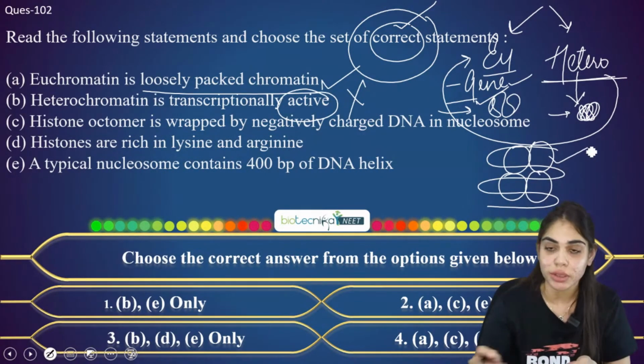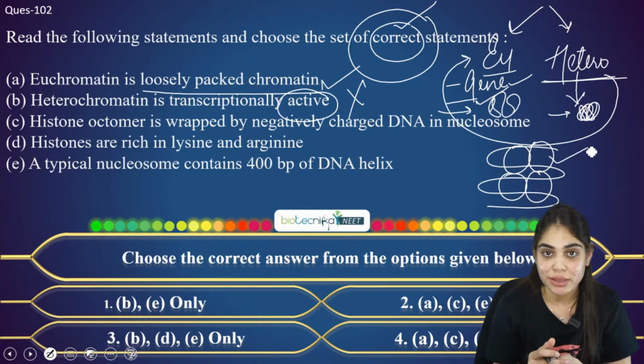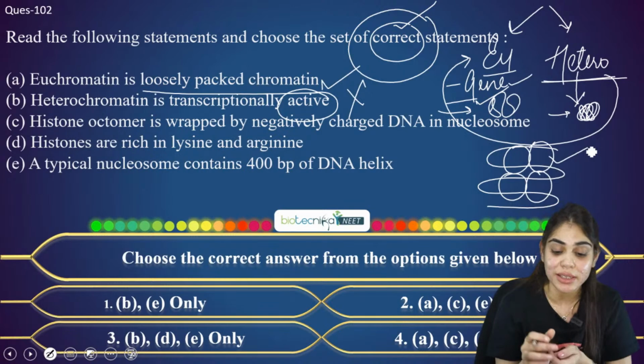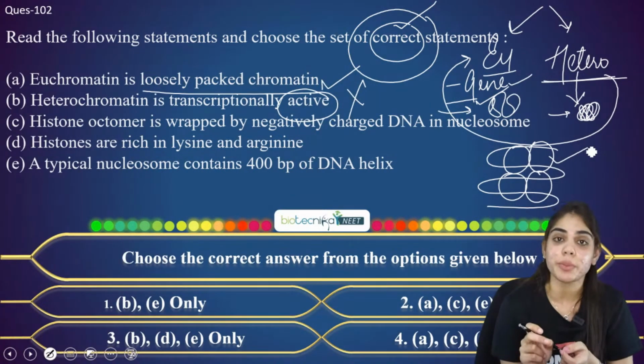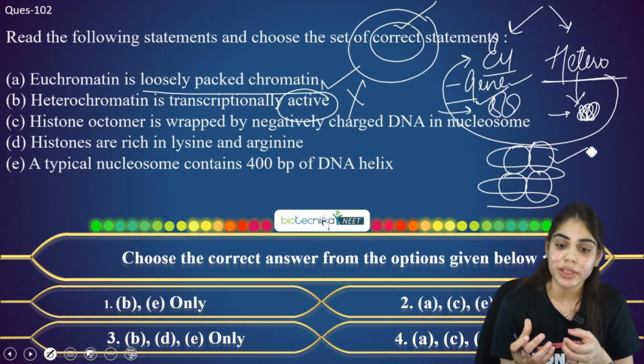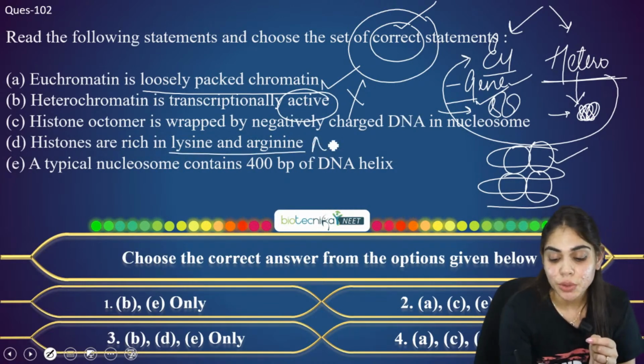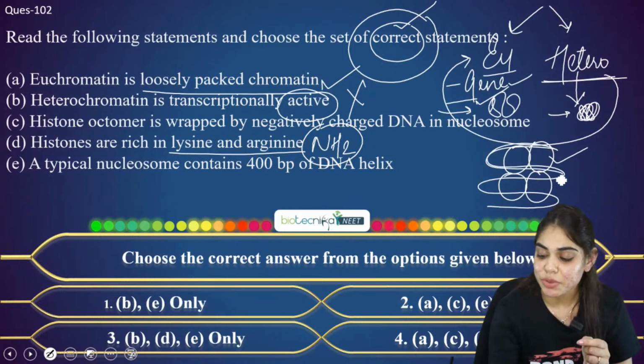So this histone octamer is basically made up of positively charged amino acids. Now what is a positively charged amino acid? That has an amino terminal. Now you all know that the amino acids that are positively charged are lysine and arginine because they have the amino terminal. And to this, a negatively charged DNA wraps around it.